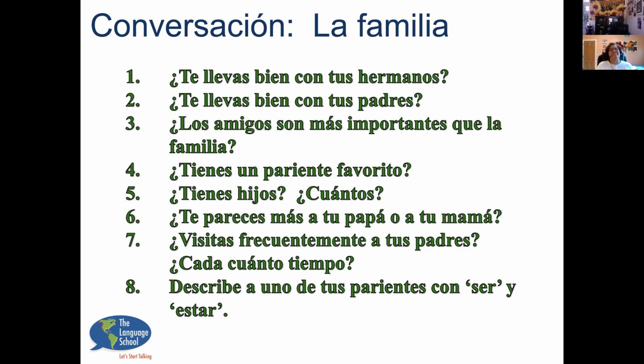So, mi hermano menor es muy alta. Y está muy nerviosa a veces. Okay.